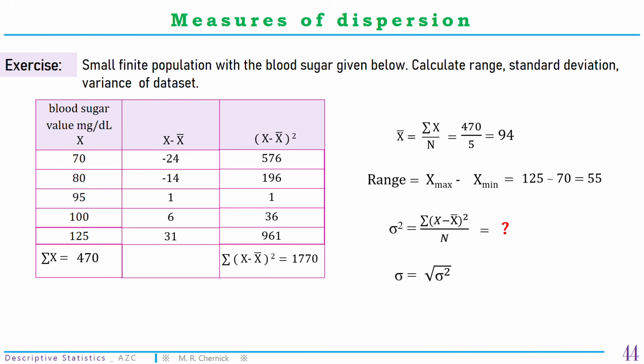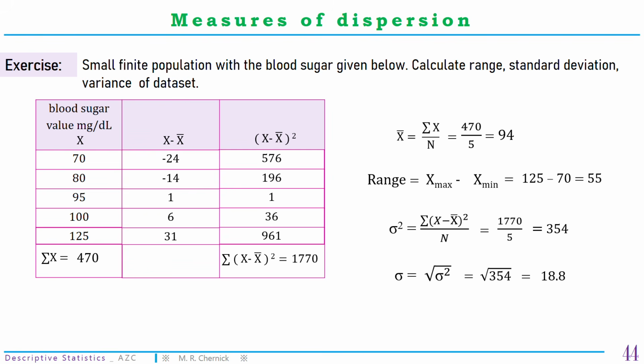Stepwise calculation. Sigma x found is 470. N is 5. So, the value of the mean calculated is 94. Sigma of x minus x bar whole square is 1770. Now, add these calculated values into equations of population variance. We get the value is 354.